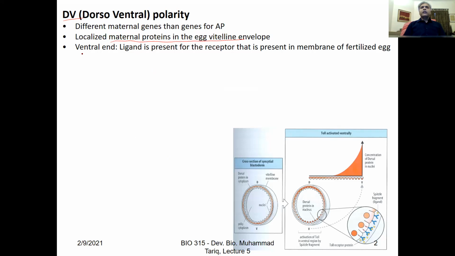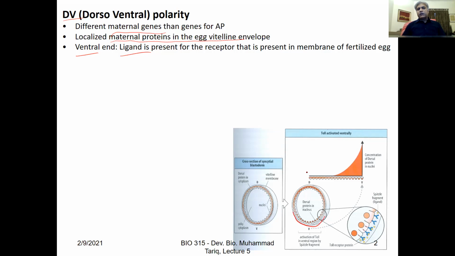And at the ventral end, there is a ligand which is present for the receptor, and that ligand is very, very specific for the receptor which is here in the ventral membrane. Here it is shown. So you have, on the ventral most side, which is this region, you can see.